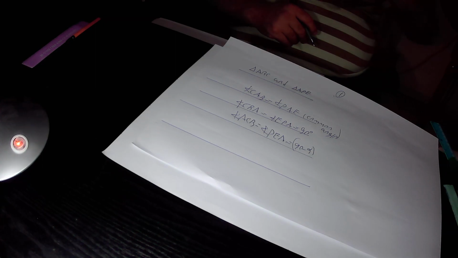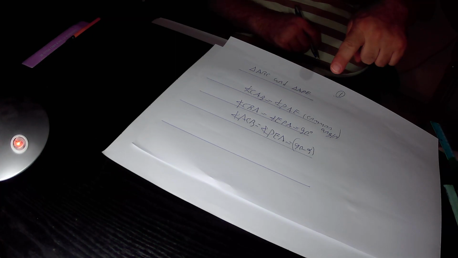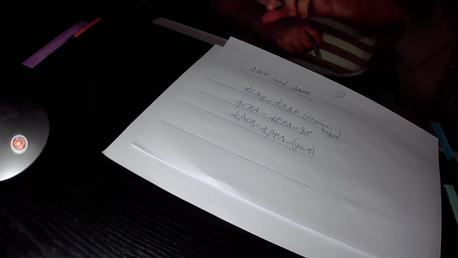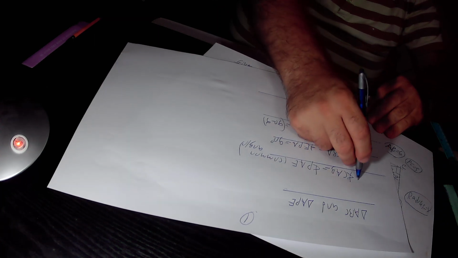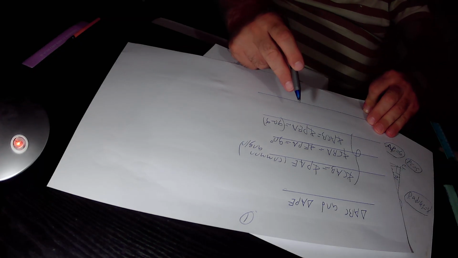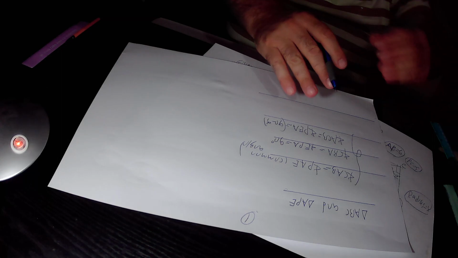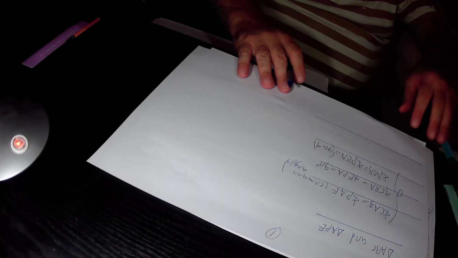Angle ACB in triangle ABC is equal to angle PEA in triangle APE. They are both equal to 90 degrees minus alpha, therefore they are equal to each other. So we actually proved that all three angles of the right triangle ABC are correspondingly equal to all three angles of the right triangle APE. Therefore, those two triangles are similar to each other according to the angle similarity rule.